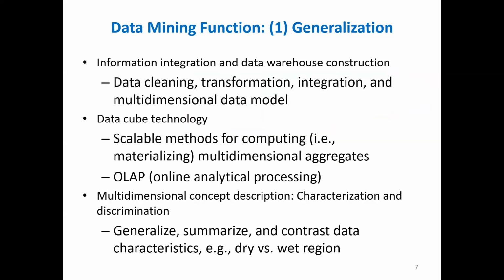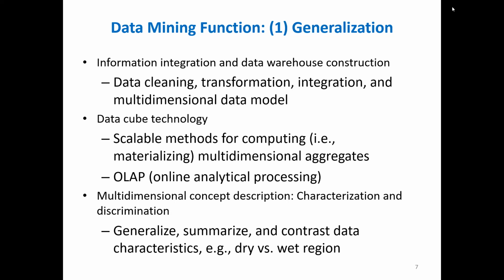Now, what do we mean by data mining functions? The first function is generalization. In generalization, we can do data cleaning, transformation, integration, and a multi-dimensional data model. Basically, if we have only two things, rows and columns, in a database, then we can say this is a two-dimensional data set.